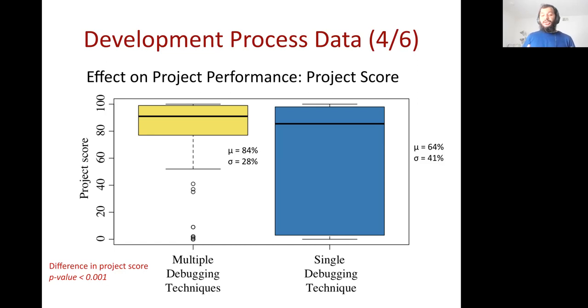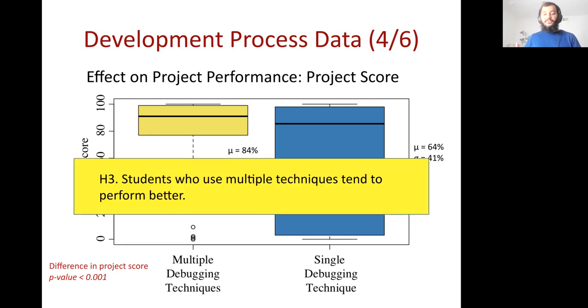Using Welch 2-sample t-test, we found that there are significant differences in project scores between these two groups. So we can verify our third hypothesis that students who use multiple techniques tend to perform better.